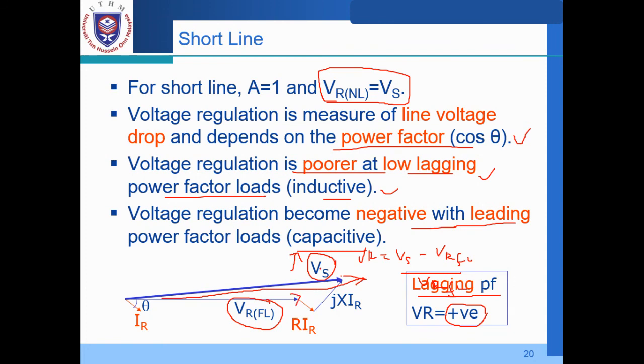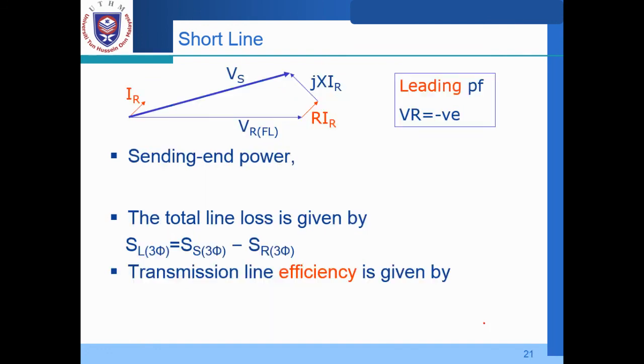This means VS is higher than VR, so we are going to have a positive voltage regulation. Lagging power factor means IR is lagging behind, which results in a positive VR.